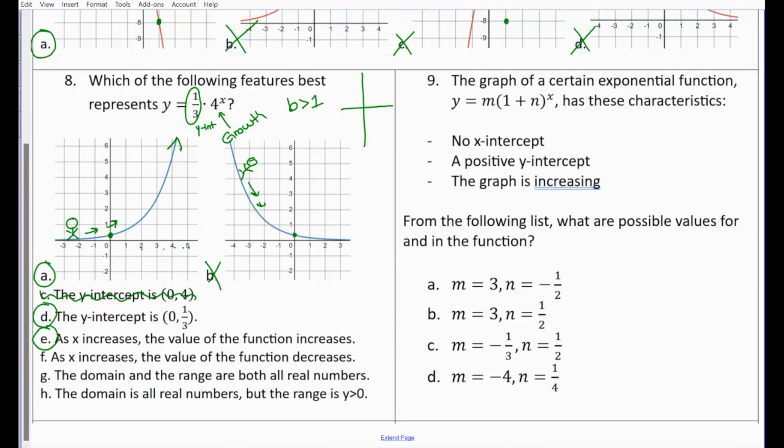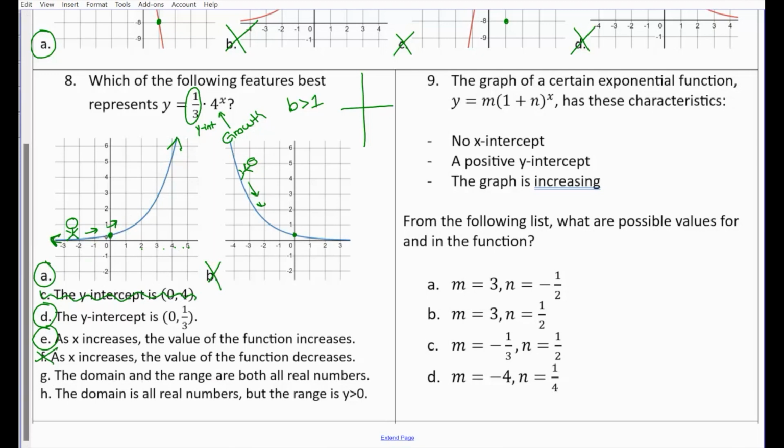Now let's look at F. As x increases, the value of the function decreases. Well, we said as x increases, my function does not go down. So that's not going to be it. The domain and range are both all real numbers. Well, I know my domain is going to be all real numbers because both my arrows go on forever.